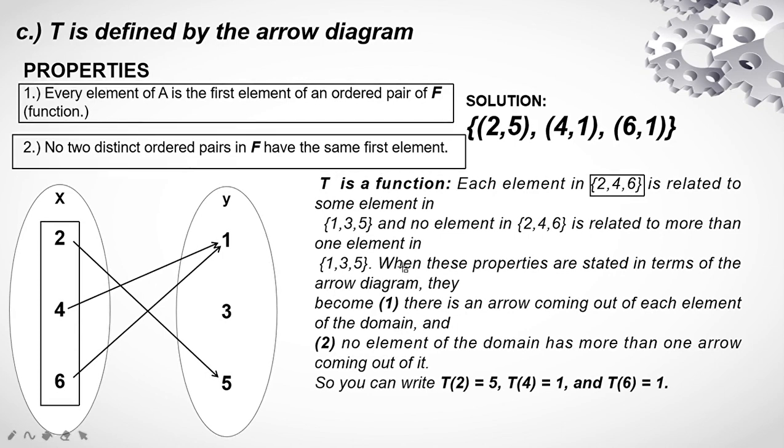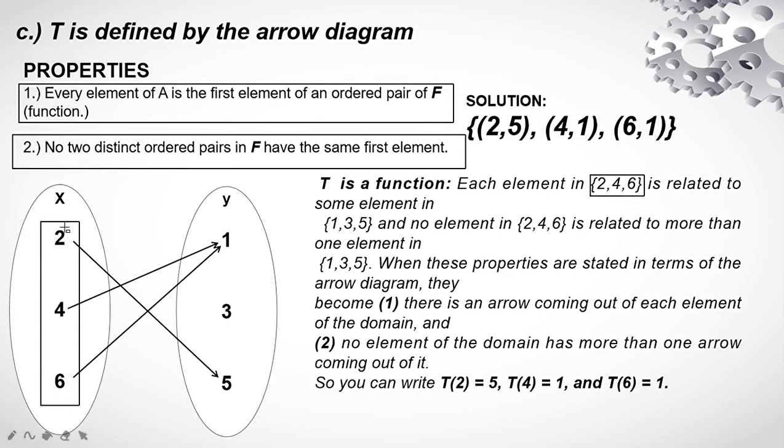Okay. So, when these properties are stated in terms of the arrow diagram, they become: number one, there is an arrow coming out of each element of the domain.